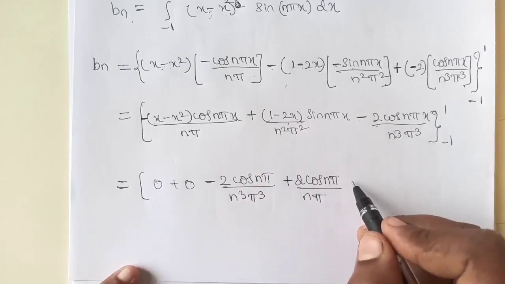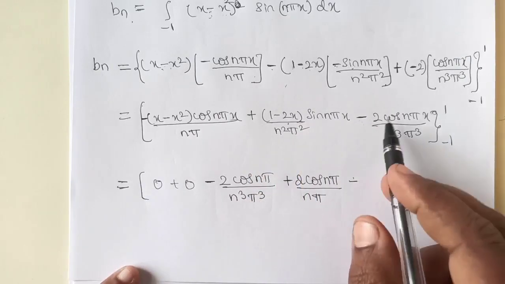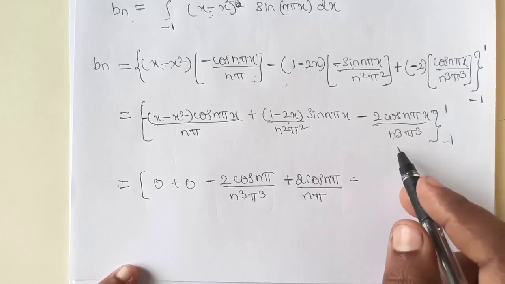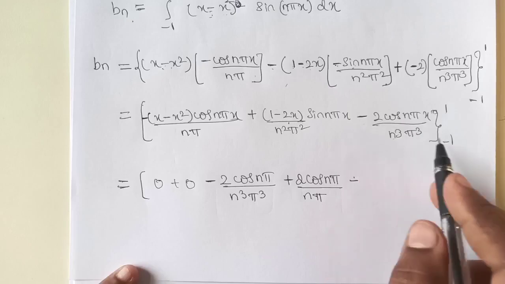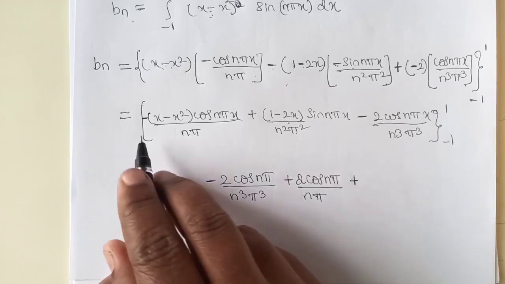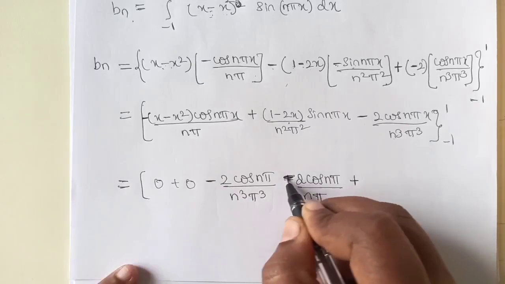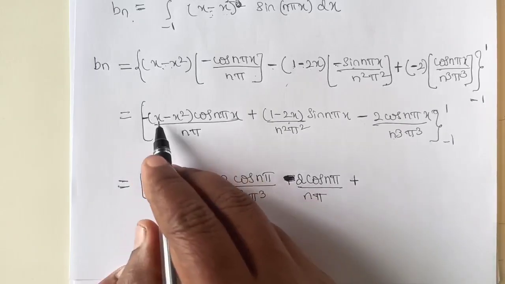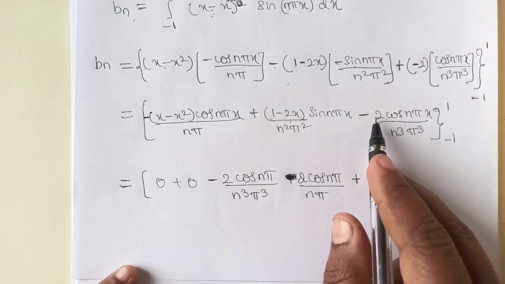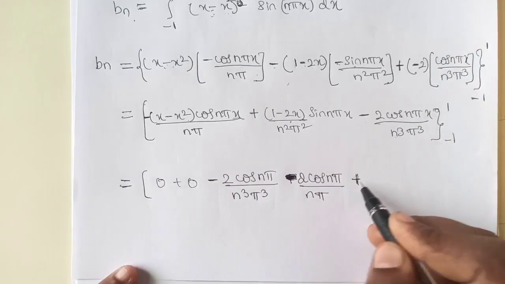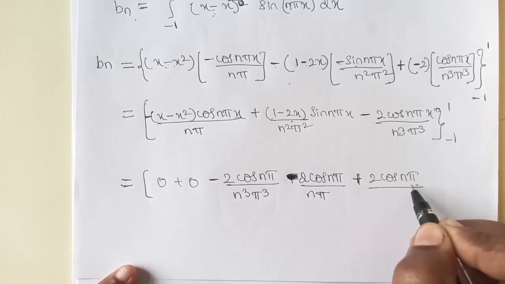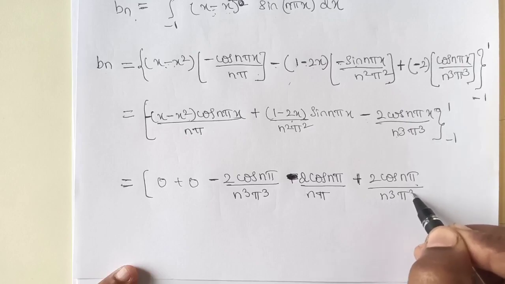Here minus into minus, sorry, this minus, because it is minus of the lower limit, we get minus into minus, plus. Here also we get a minus sign, because for minus 1 we get minus 2. So minus of the lower limit, we get plus 2 cos n pi divided by n cube pi cube.